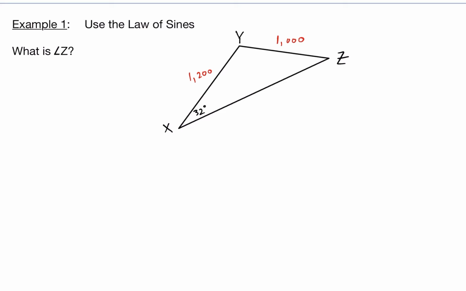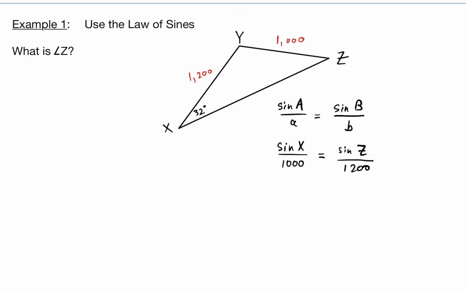How do we do that? The law of sines, as you know, is sine of A over the side opposite that angle equal to sine of B over side B. Now we can convert this to sine of X over 1,000, because that's the side opposite X, and that's going to equal the sine of Z, which is the angle we're solving for, divided by the side opposite that, which is 1,200.